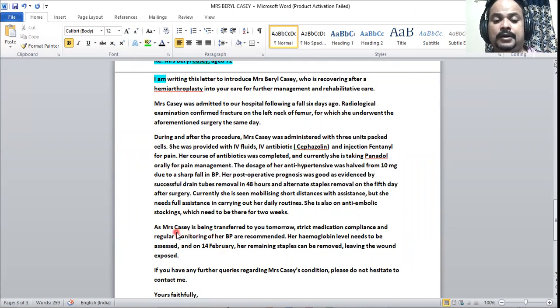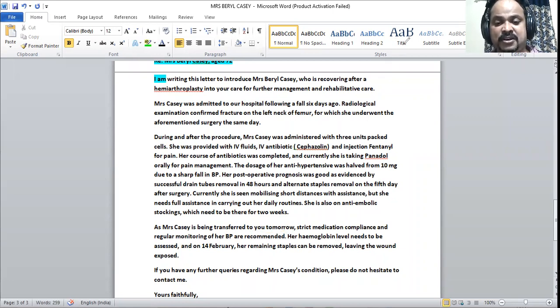So you can say, as Mrs. Casey is being transferred to you tomorrow, that is the day they are telling it, tomorrow. So today is not the day that discharge is done, tomorrow. Strict medication compliance, I can add it here.